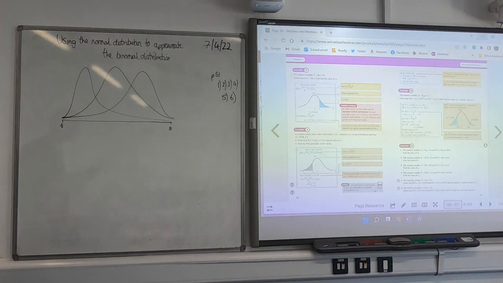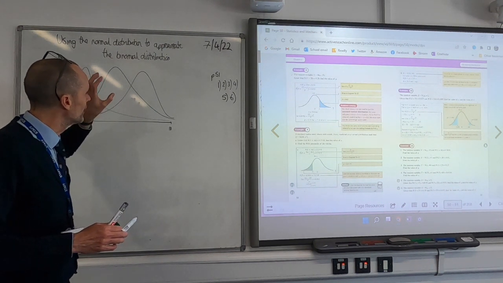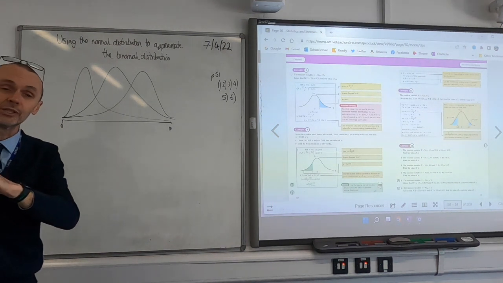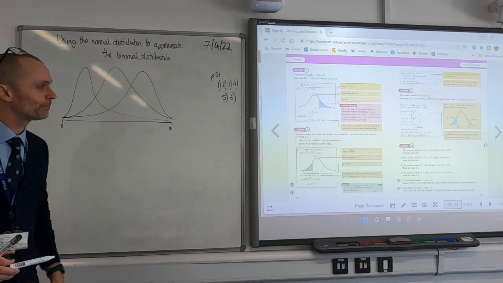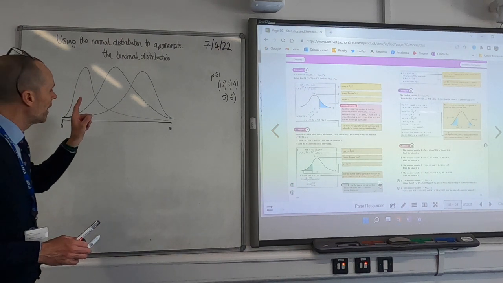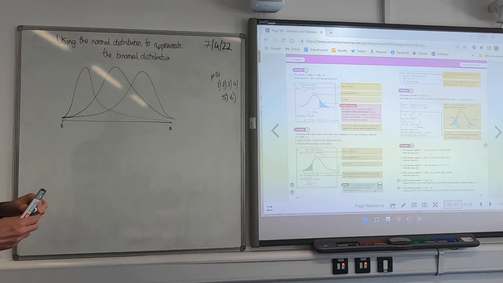If there's a low probability of success, then you don't get many successes. If there's a high probability of success, then you get lots of successes. And if it's 50-50, you get something vaguely symmetrical, which of course is what the normal distribution always looks like. So I can use the normal distribution.